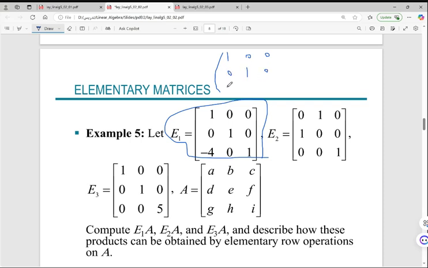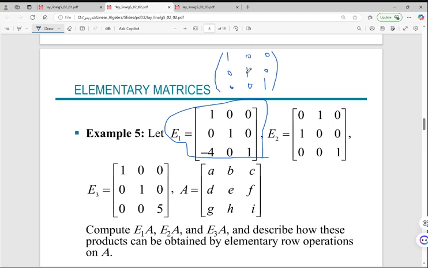Row 1 we don't multiply, and 0, 0, 1 for row 3. Yes, that's right. This is the result here. So this is the identity matrix, right?